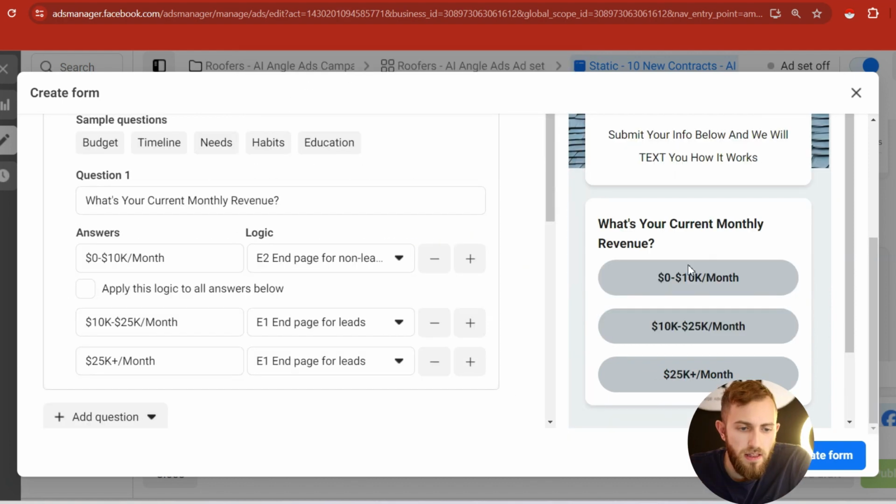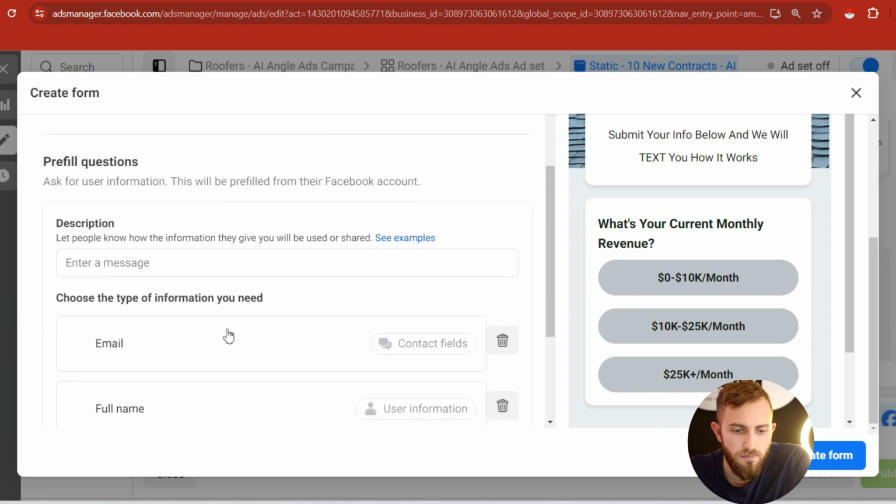Submit form. Basically, that means that if people are doing 0 to 10K and they click on this button, the form is gonna exit and they're not gonna be able to submit their data. So I'm not gonna be able to contact them, call them, and stuff like that. And the people that are doing more than 10K or whatever the revenue is, then they will be able to submit their data, and then I can contact them.